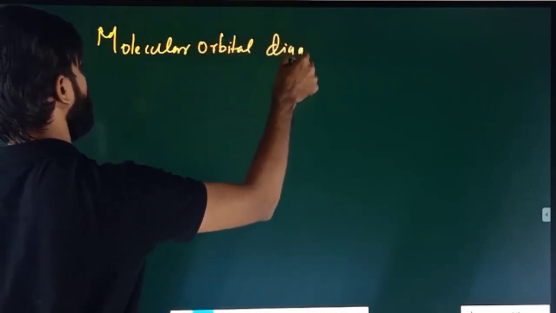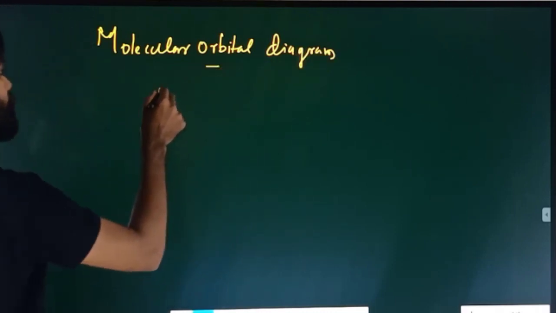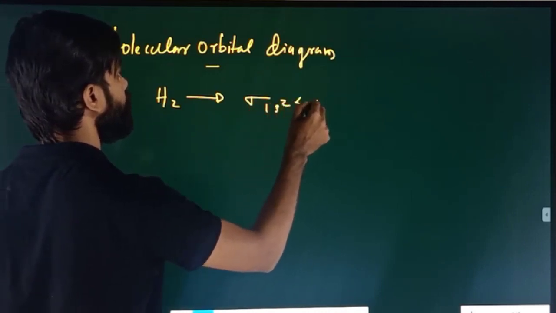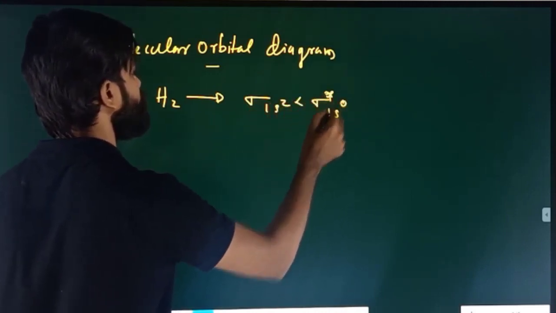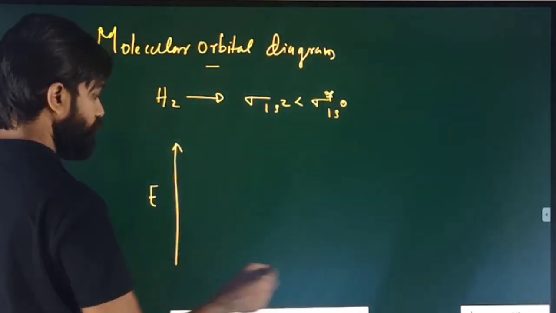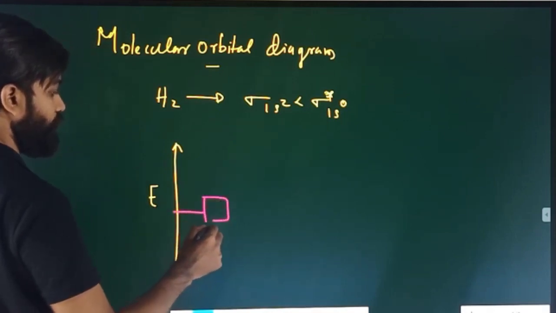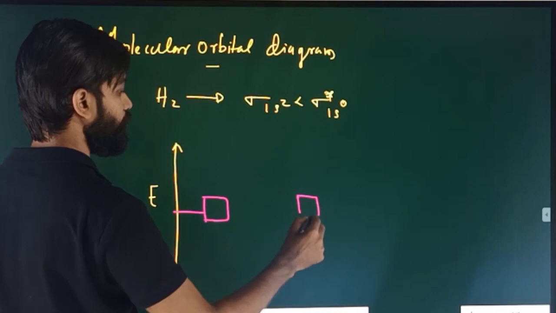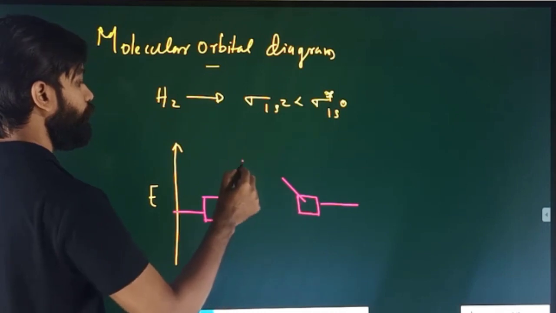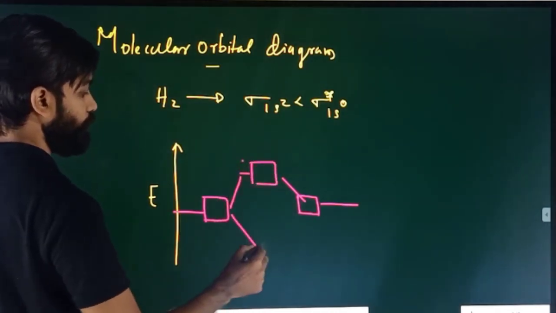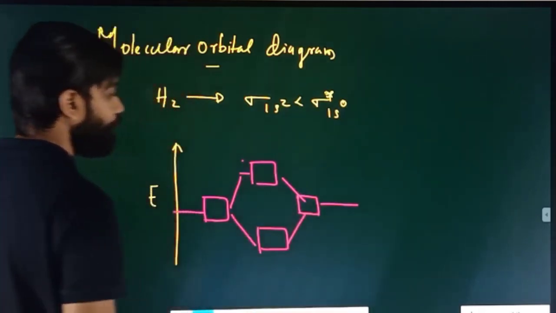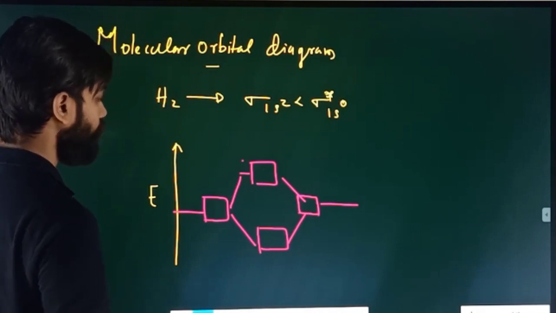Molecular orbital diagram. For example, for hydrogen, the electronic configuration is sigma 1s2, sigma star 1s0. If this is the energy axis, and this is an atomic orbital of a hydrogen atom, and this is another atomic orbital of a hydrogen atom, when they combine, there will be an orbital with higher energy and another orbital with lower energy.